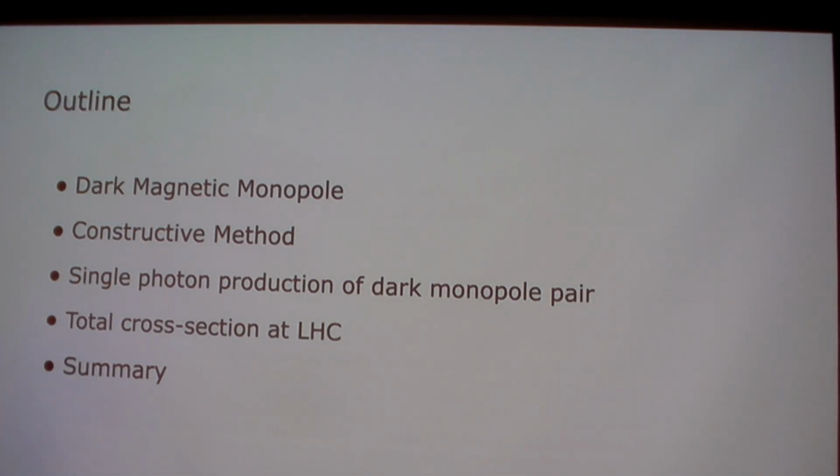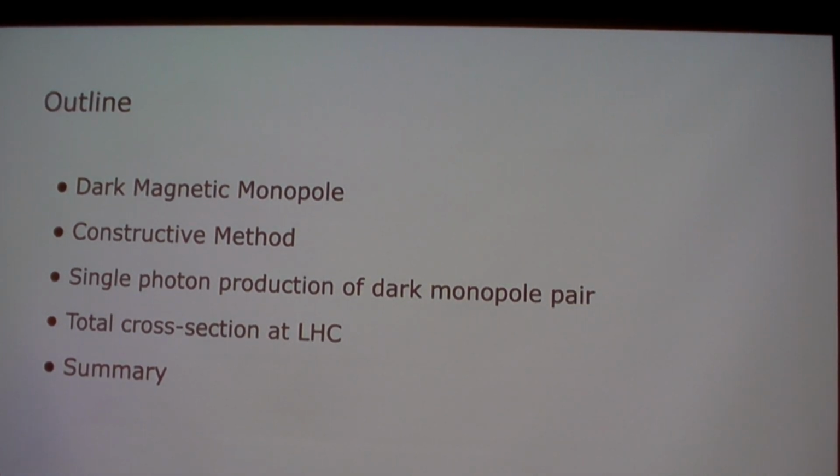To study it, we are using a newly developed method to compute scattering amplitude, which is the constructive method. We will use it to show that the single photon production of this dark monopole pair will be 0, and then I will discuss a little bit about how to compute the total cross-section at the Large Hadron Collider to produce this dark monopole pair, and then give a summary.